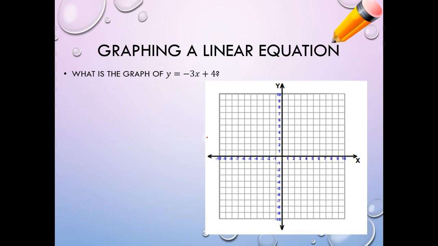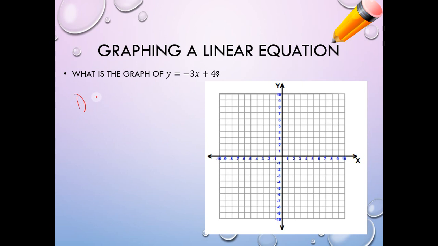Now, graphing linear equations. If there's one thing you need to make sure you learn how to do in Algebra 1 is graph a linear equation. You're going to be graphing linear equations forever in every single math class past this one. So, we need to graph y equals -3x plus 4. So, here's my steps to graphing.